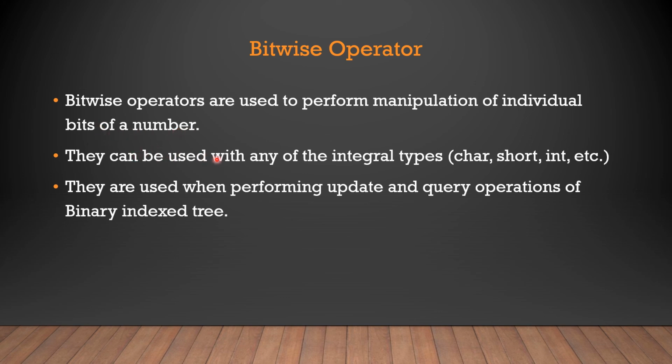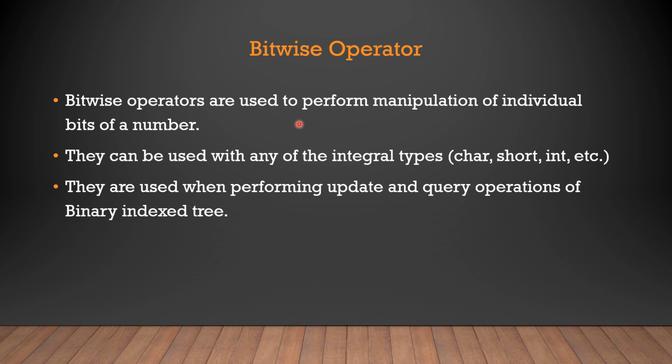They can be used with any of the integral types. They are used when performing update and query operations of a binary index tree. So basically we can use the bitwise operator anywhere there are integral types like char, short, int, all these integral types.